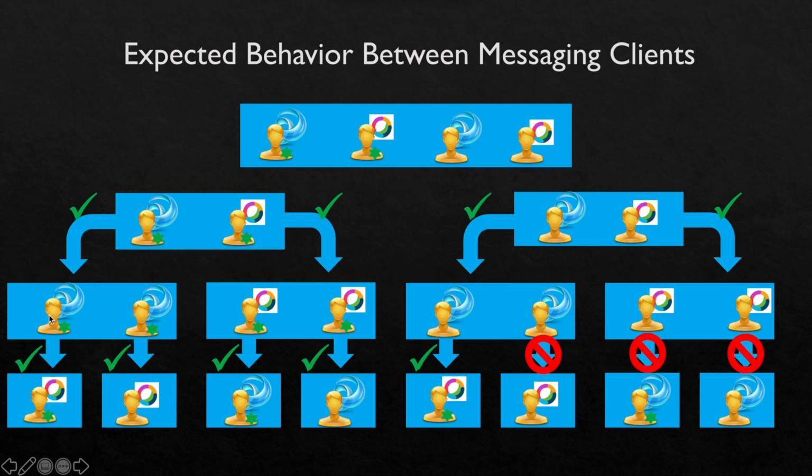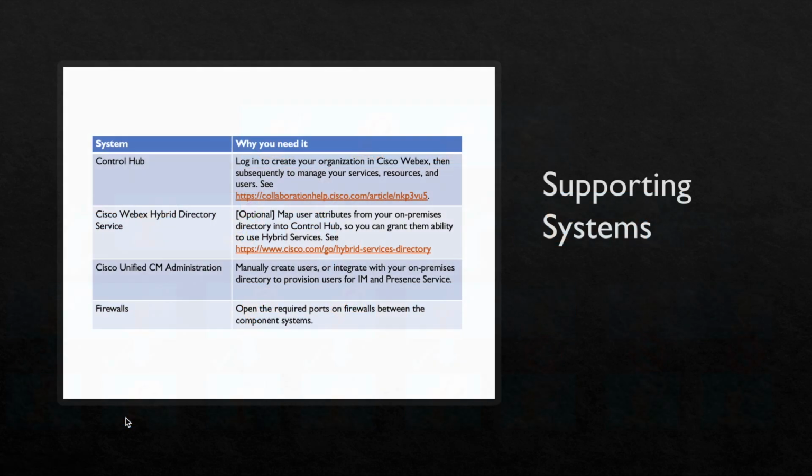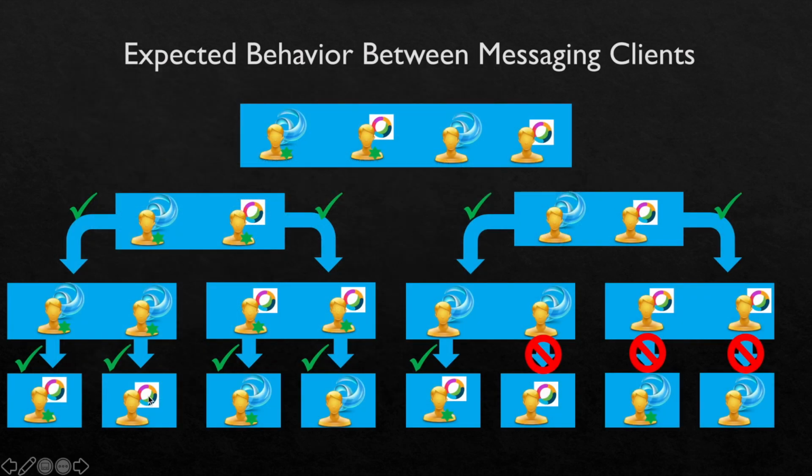But also Jabber sending a message when Jabber's enabled for the service, whether Teams is enabled or not, they will receive the message. And same thing's true if Teams is enabled for the service, whoever they send it to, whether they're enabled or not, that recipient will also receive the message. So that behavior is expected, it will work. Okay? So hopefully this helps clarify that a little bit for you. Very important to understand the communication behaviors in certain directions.